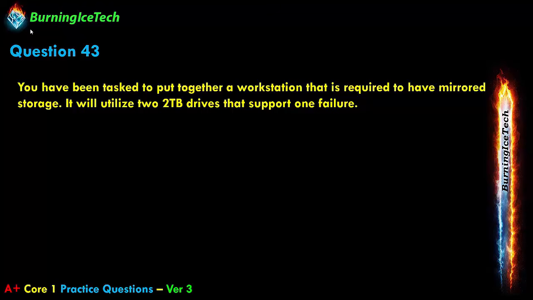So this might sound like it's 4TB worth of storage since it's two drives and each of them are 2TB. But in reality, it's just 2TB of storage because whatever is on the one drive will be a clone on the other drive. That is why my question says it supports one failure. Now, with that in mind, which of the following best meets this requirement?